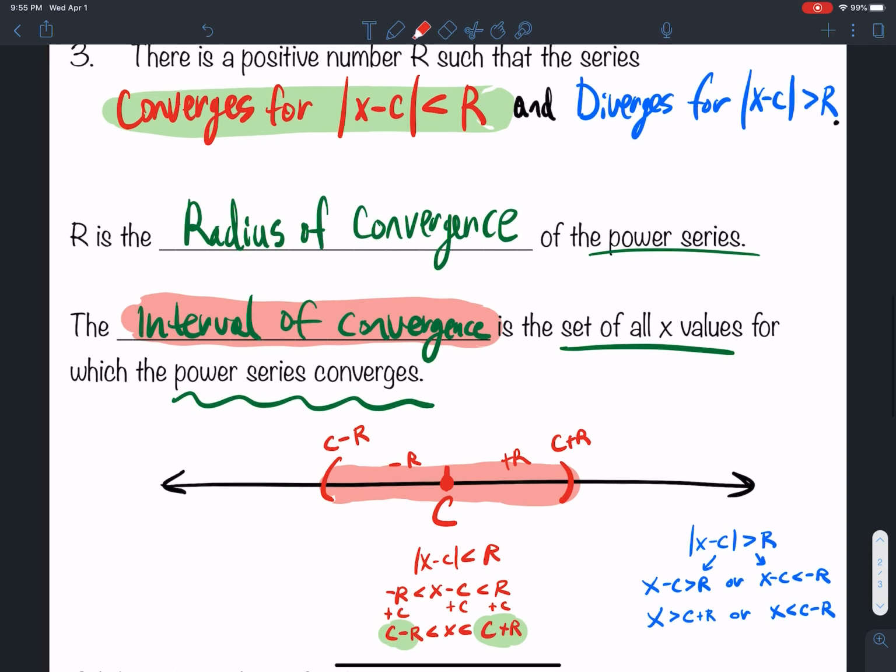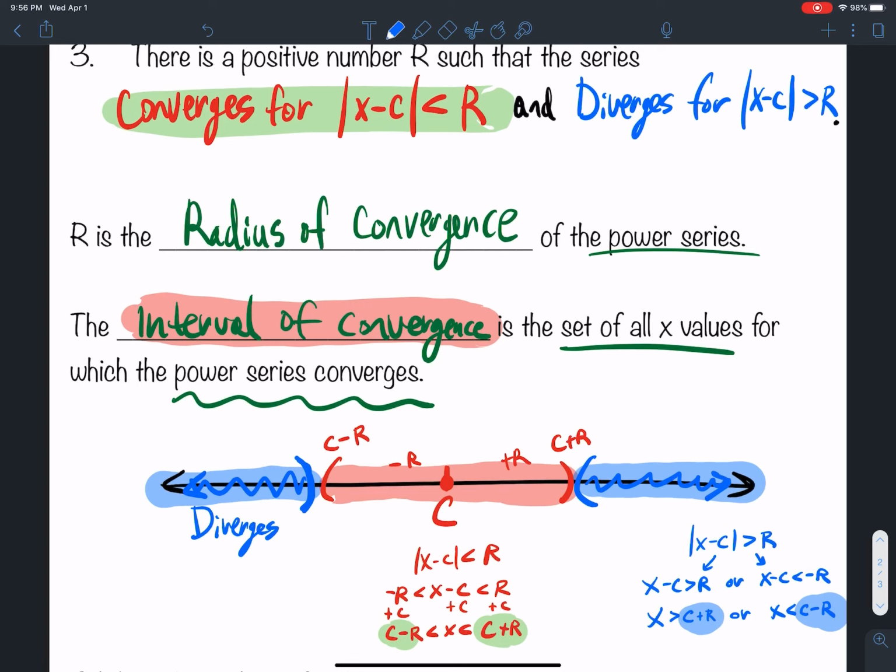So x less than c minus r is over here. So everything on this side here diverges. Okay. And then over here, I want x to be greater than c plus r, so that's everything over here. Going this way diverges.